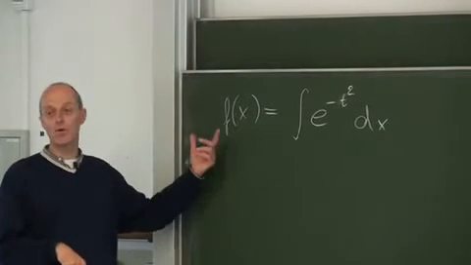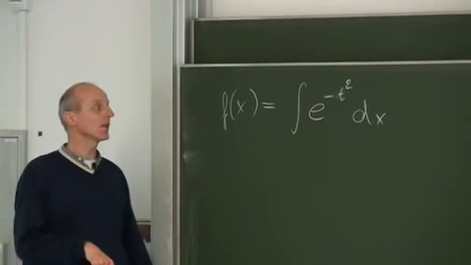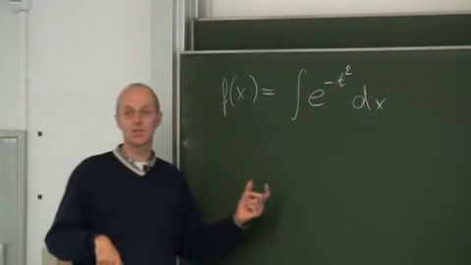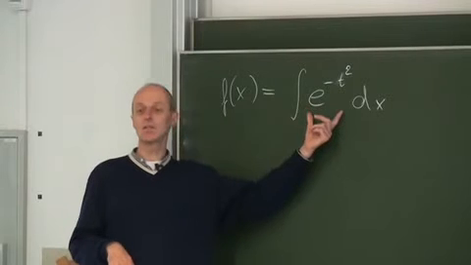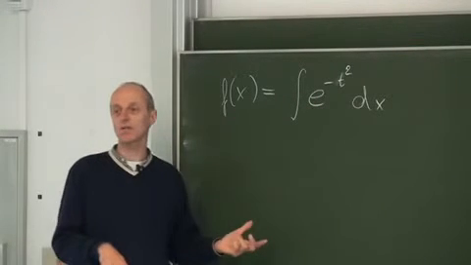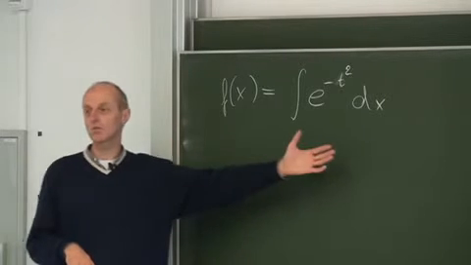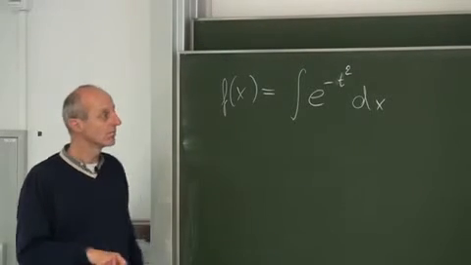There is no symbolic solution for this. That means there is no function whose derivative is e to the power minus t squared. There is no such function. You cannot write it symbolically. There is no chance to give a symbolic solution for this.